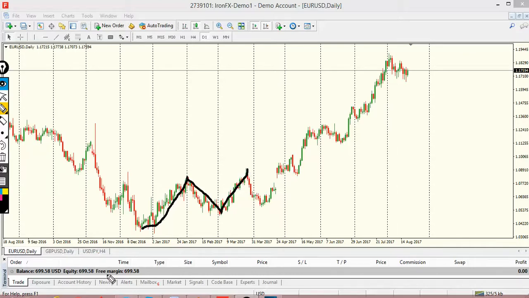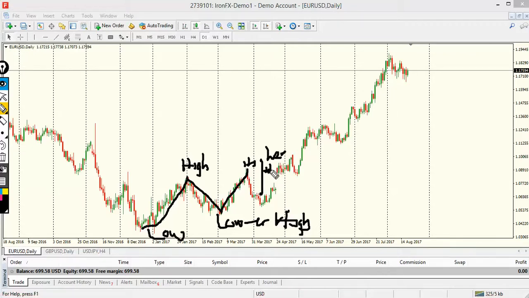At this point the market made a low, then we made a high here, okay, then a lower high, let's call that LH, then a higher high here, and this thing, a higher high. Okay, so at this point the market was in an uptrend.